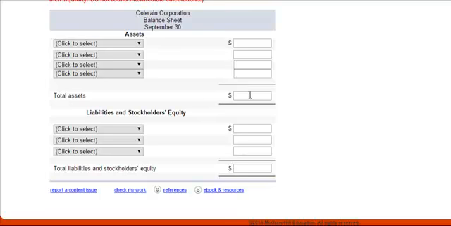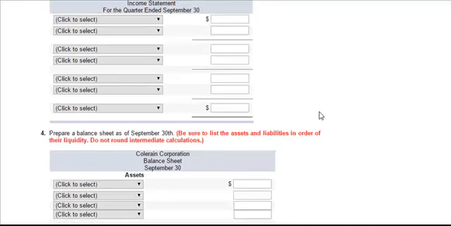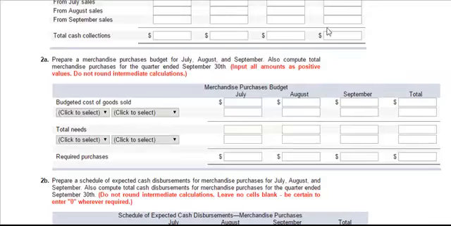So finally, the last step would be to add up all of the assets, add all the liabilities and equity accounts, and the total of liabilities and stockholders' equity should equal our total assets. One final hint, if you're having trouble getting your balance sheet to balance, you may have made a mistake up here with these schedules.